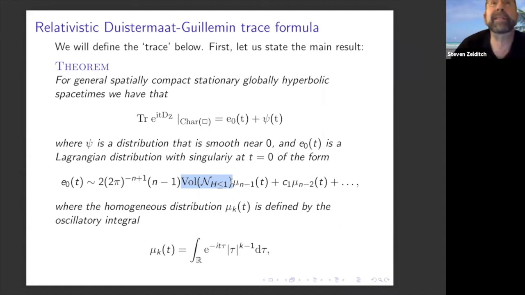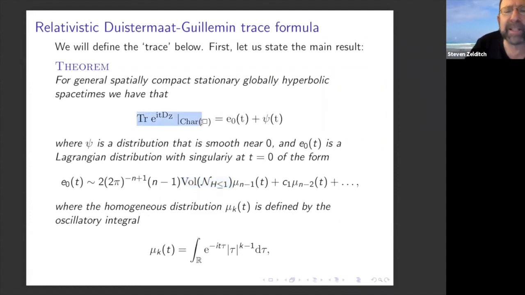Obviously, we needed to know the space of null geodesics to pose this problem. All these terms here are homogeneous distributions. So if you're familiar with the basic theory on a compact Riemannian manifold, the message is it's basically the same, where the space of null geodesics takes the role of the cotangent bundle.